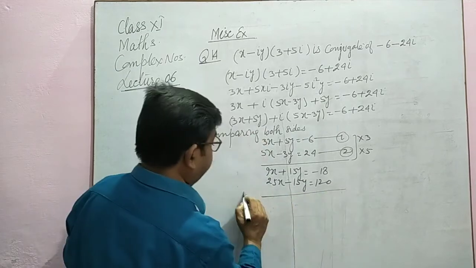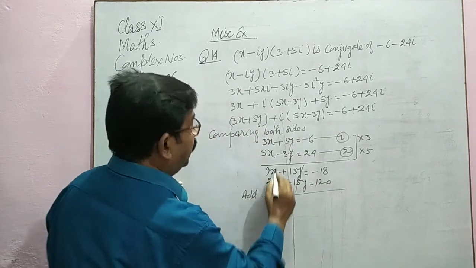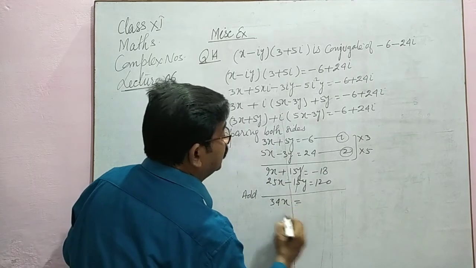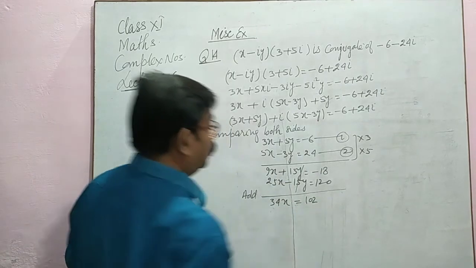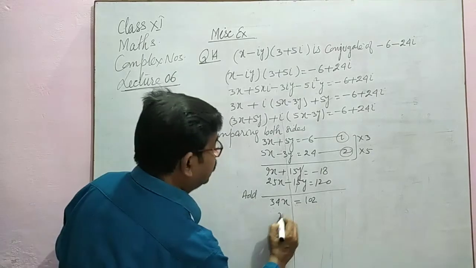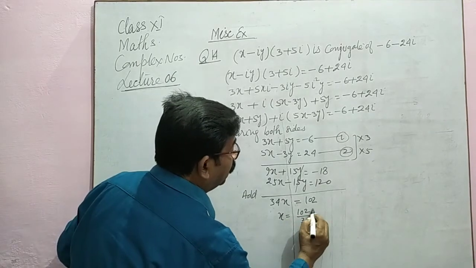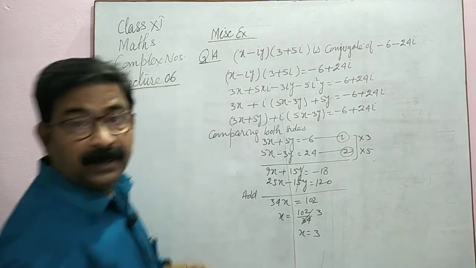Add these, so the y terms will go, and we have 34x is equal to 102. Now x is equal to 102 upon 34. This is 3 times. So x is equal to 3.